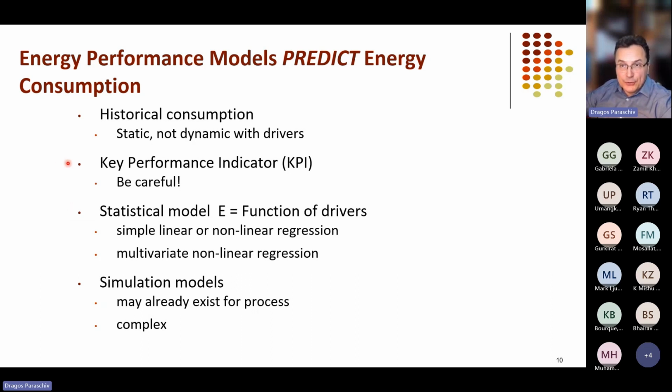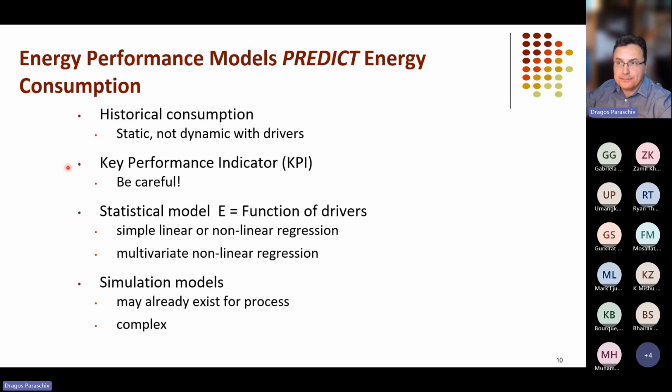With the data, we can also use key performance indicators for reference, but we need to be careful with these key performance indicators. Aggregating data can hide many of the aspects related to patterns of consumption or various end uses.